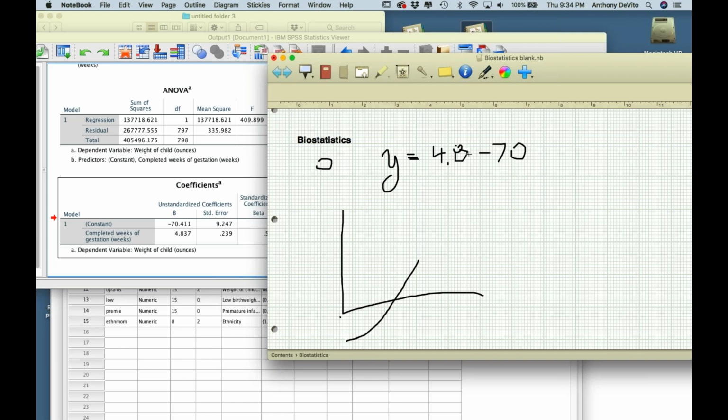So really, this is 4.8 times x. Really, what this formula represents is the weight of the infant in ounces.